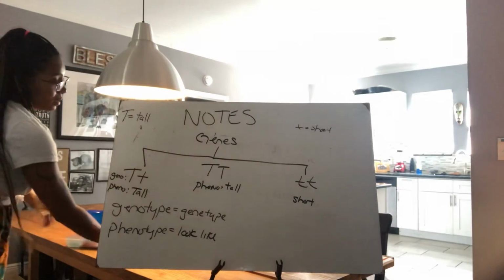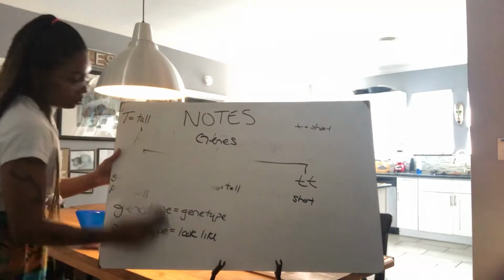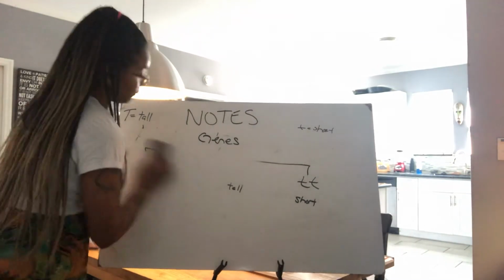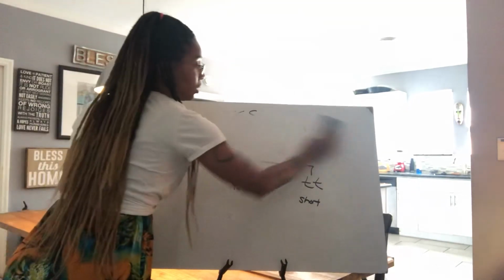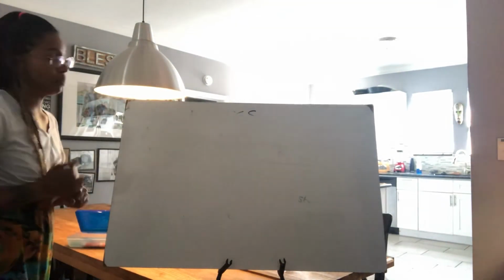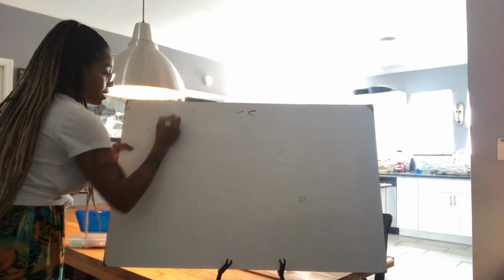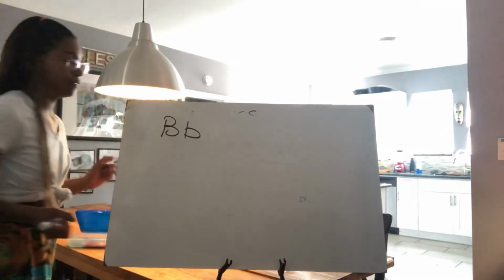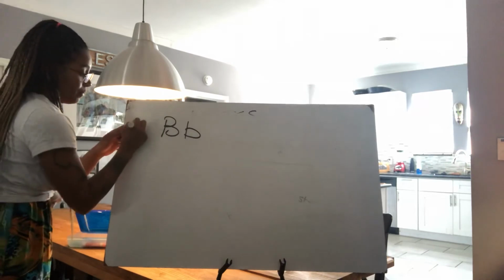So, let's talk about brown eyes and blue eyes. I'm not going to answer this question for you, but I am going to tell you what the letters mean. So I have a person that has big B, little b for their genotype.